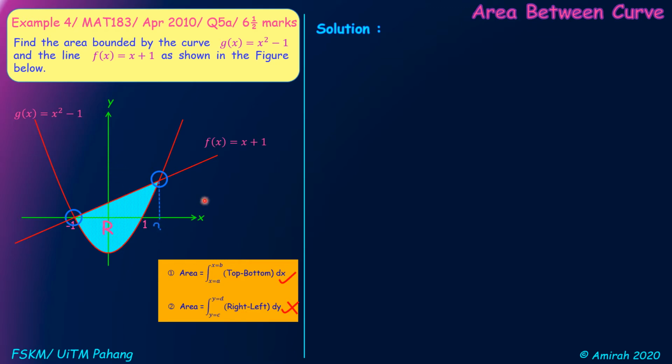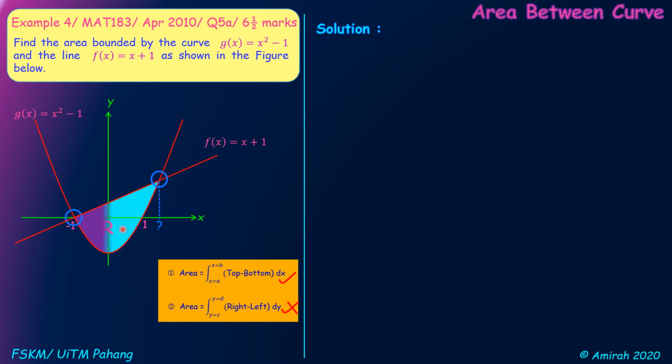So now we want to find the value of the upper limit on the x-axis. Before that, if we use the upper limit x equals 1, we just find the area for the purple region only.